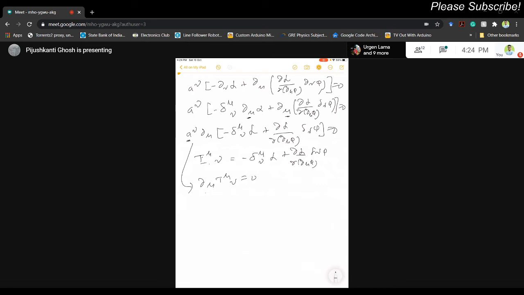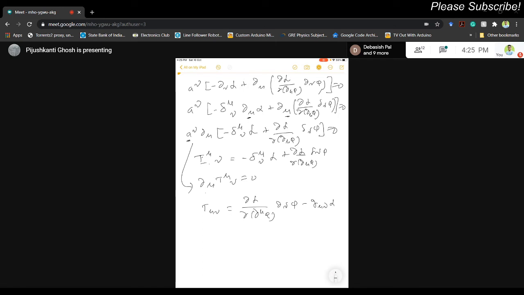So del_mu T^mu_nu is equal to 0, and you can write for the scalar field that T^mu_nu is equal to delta L by delta del_mu phi, del_nu phi minus g^mu_nu L. Okay.